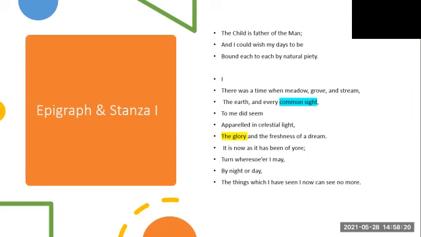So it is now as it has been of yore. It refers to nature, meadow, grove, stream, earth, every common sight. Now, nature remains as it is. It is now the same as it has been in the past.